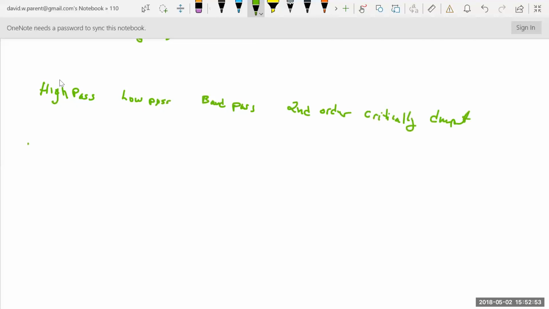But here's the thing. They all had the same denominator. Depending on how we arrange the resistors, the high pass was S squared. This should be omega naught S, right? Now, yeah, there'll be the damping factor in there as well, but this time it's just 1. And then we have omega naught squared.